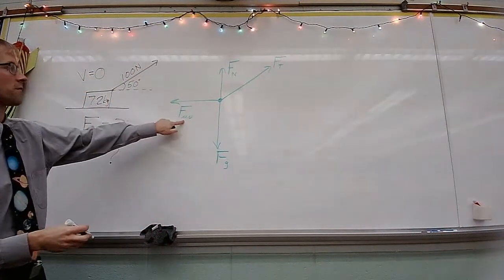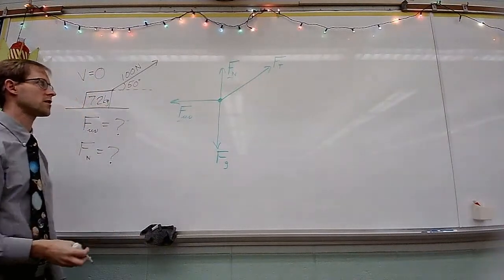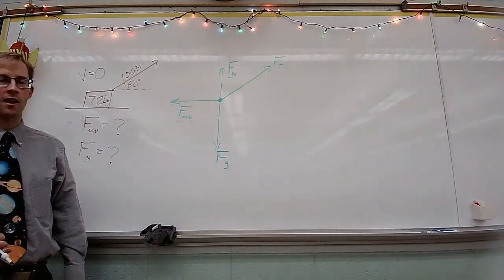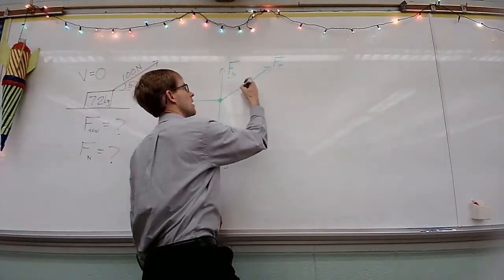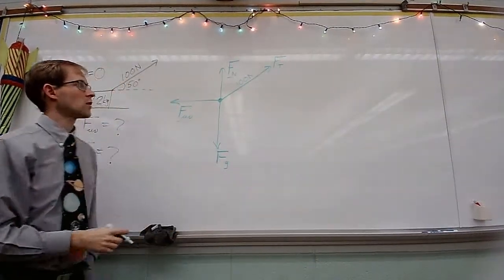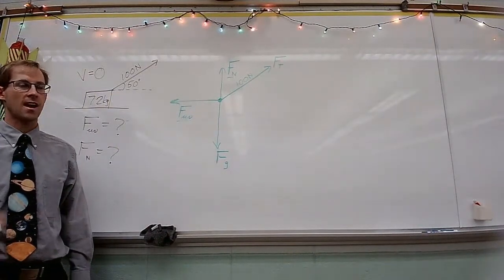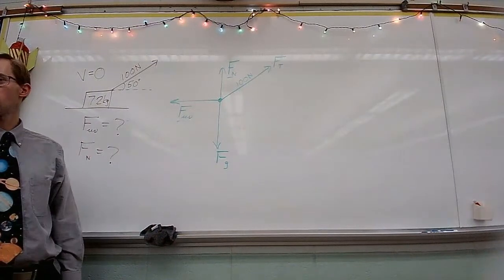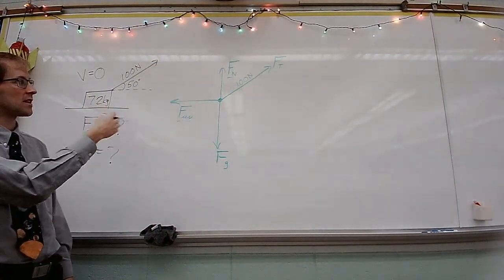So we're looking for force of static friction, and we're looking for normal force. We want to get those somehow. And in order to do that, we have to look at things in the x and the y direction. I'm going to quick put this up as 100 because we know that. So what do you think? Should we do x or y direction first? X, okay. X is actually the easier one to do first because we've really just got two forces going in the x direction.